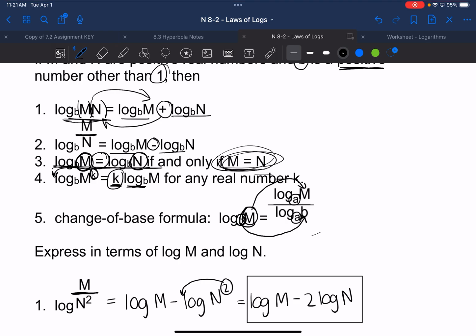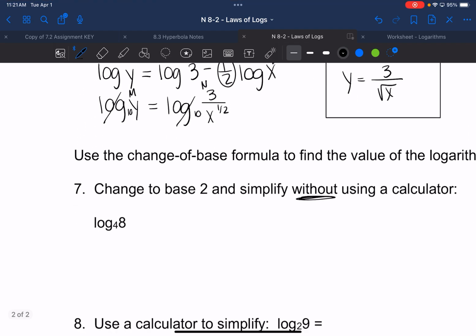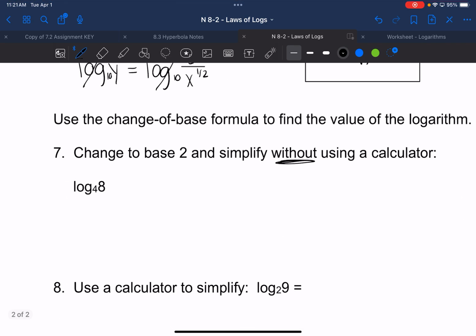Okay? So, back here on number 7, they said they want us to change the base to be what? 2. So, that's exactly what I'm going to do. I'm going to change the base to 2, but if I'm going to do change of base, I have to make it a fraction, right? So, I'm going to put this over the exact same log with the exact same base. All right. How does that make it 4?